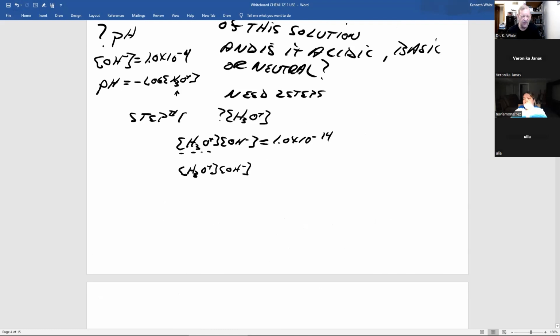So how do I get rid of the hydroxide? Anything divided by itself equals the number 1. See, it says it on the screen. It cancels out. But whatever I do to one side, I have to do to the other. This cancels out.